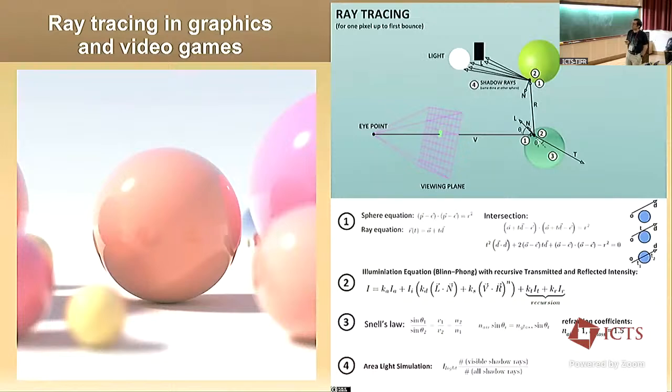A bit of an aside, there is something called ray tracing also in graphics and video games, which I'm sure you have seen and played with at one point or another. Your computer is doing a lot of these calculations so that you can see these nice reflections and have realistic looking worlds and weapons and whatever.